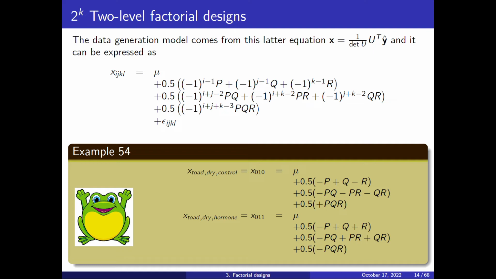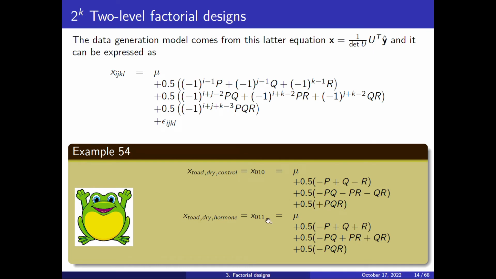And here I can take either the value 1 or 0, and J and K. So let's say that we are interested in what happens to toads dry control. So it is 0, 1, 0, so you substitute here 0, 1, 0, and then I, J and K are 0, 1, 0, and then after the substitution you get this one.